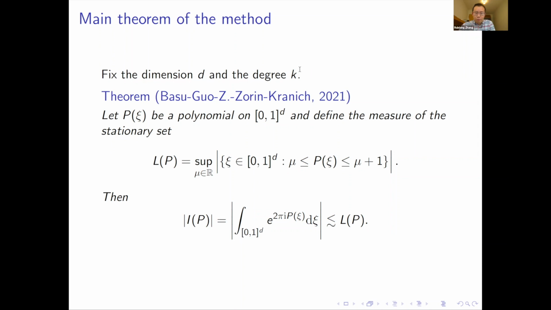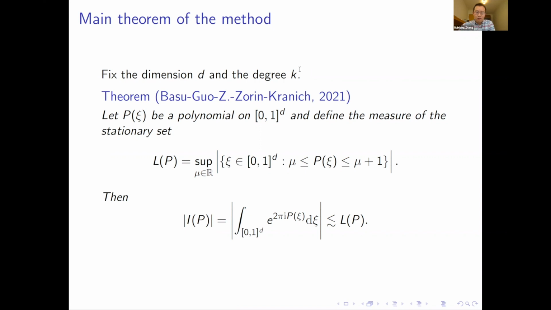For a polynomial p, we define L of p to be the supremum over sets where the value of the polynomial on this set stays in a window of length 1. Intuitively, if you work with oscillatory integrals, you will see the phase oscillating back and forth. If the phase moves within 1 period, hopefully you wouldn't see much cancellation.